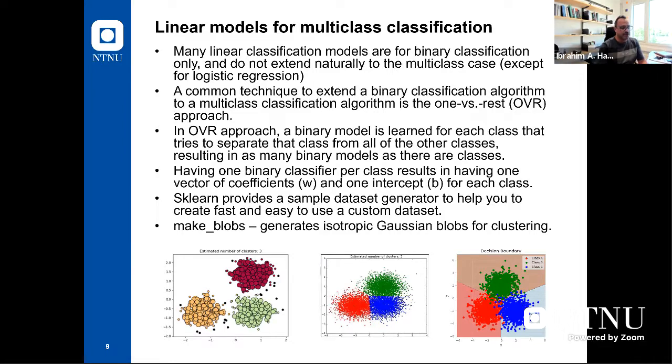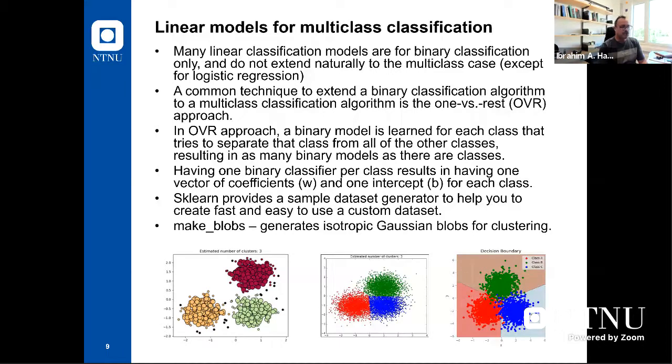So we need to have one binary classifier per class, and of course each binary classifier will have its own coefficients omega and bias, right? So we will build three models. If you have three classes, we will have three perceptrons. If you have 5 classes, you will have 5 perceptrons, and so on. We will have a binary classifier for each class, but it will deal with the data as follows.